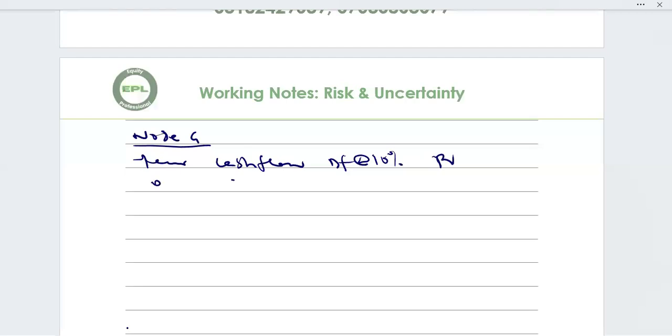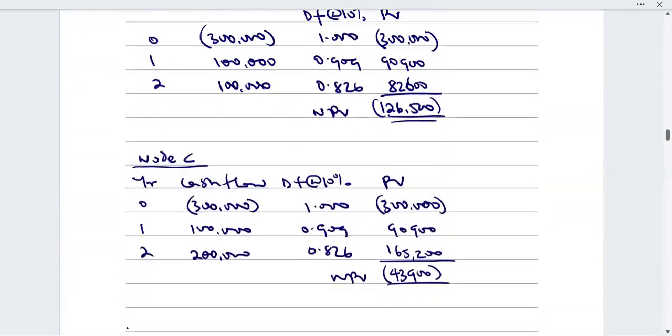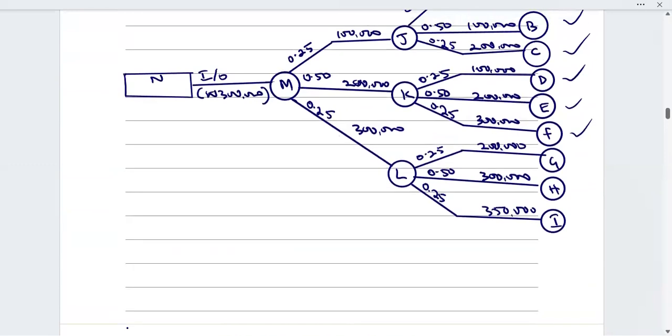Year 0, 300,000 multiplied by 1, we get 300,000. Year 1, year 2. For node G, the year 1 cash flow is 300,000.